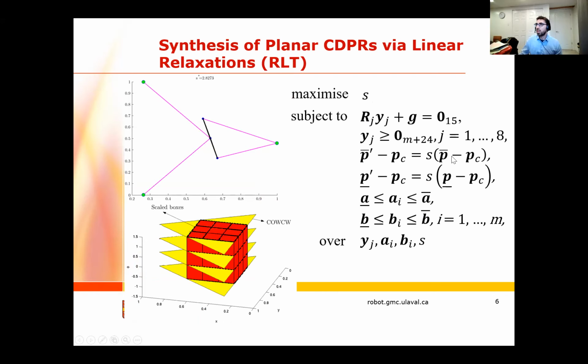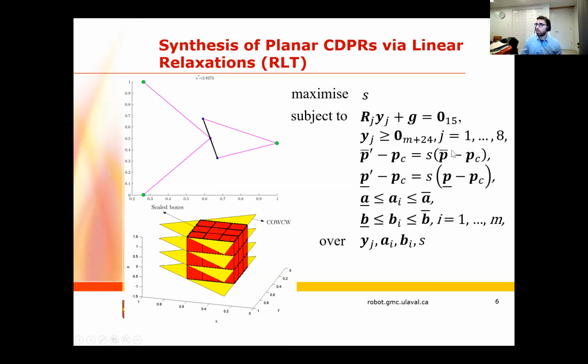It is, because no, sorry. Yes, it's in the scaling, because there I'm trying to scale up my boxes. So P overlined and P underlined are variables. Sorry, P overline prime is a variable, and P underline prime is also a variable.